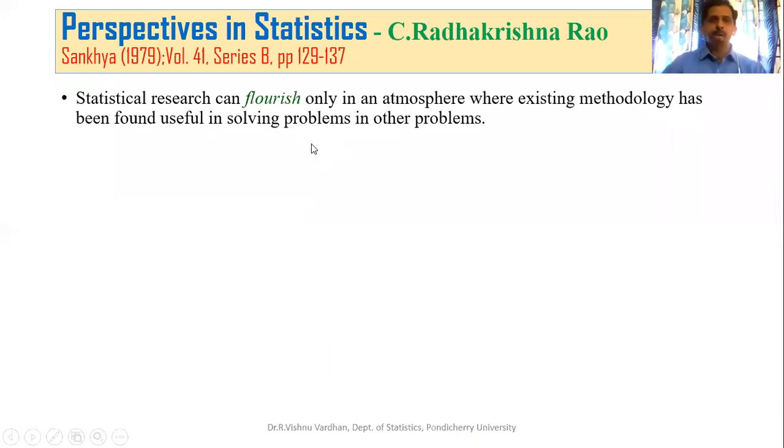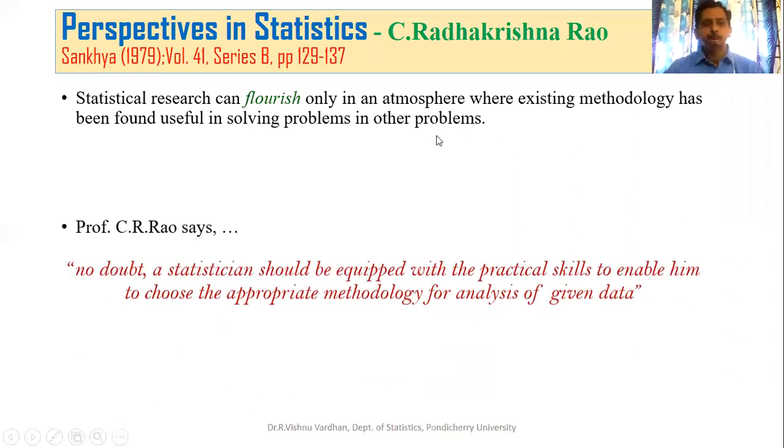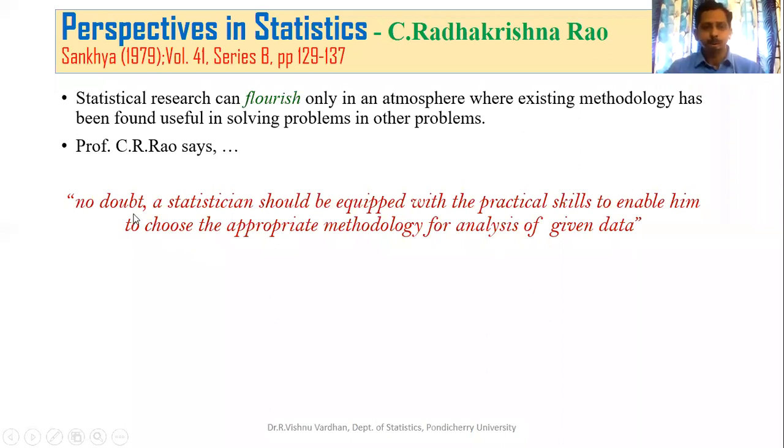He says that statistical research can flourish only in an atmosphere where statistical methodology is useful in solving problems in other disciplines. No doubt, a statistician should be equipped with the practical skills to enable him to choose appropriate methodology for analysis of given data.